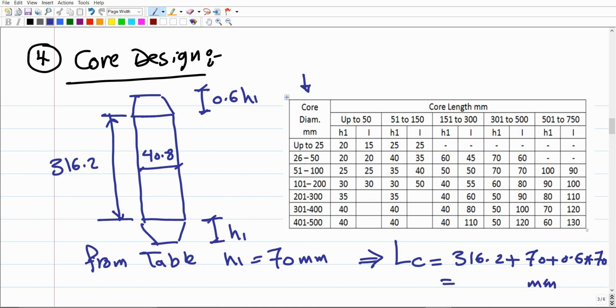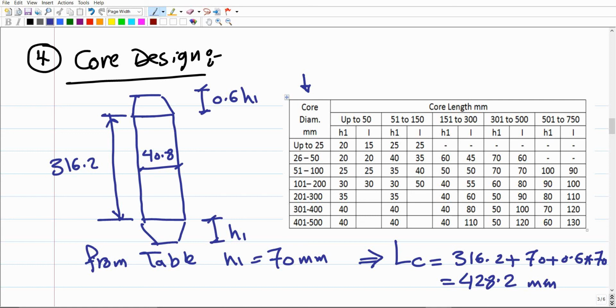So if we calculate this value, it gives us 428.2 millimeter as the core length. Make sense? And that's it for step four.